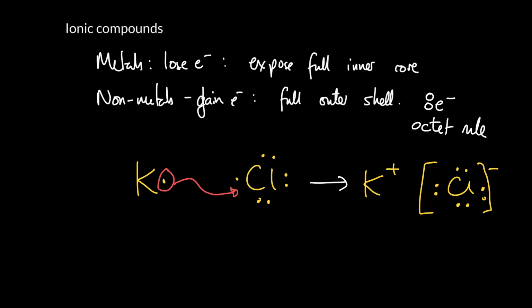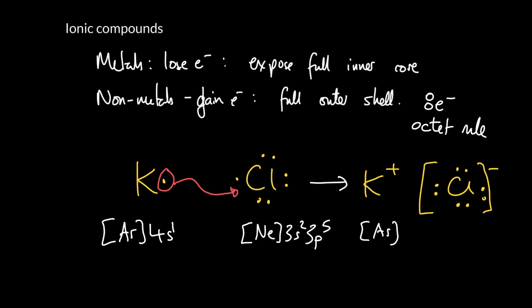If you look at the electron configuration, potassium was based off an argon core and 4s1. Chlorine was based on a neon core, 3s2, 3p5. So when the potassium loses an electron, it is isoelectronic with argon.